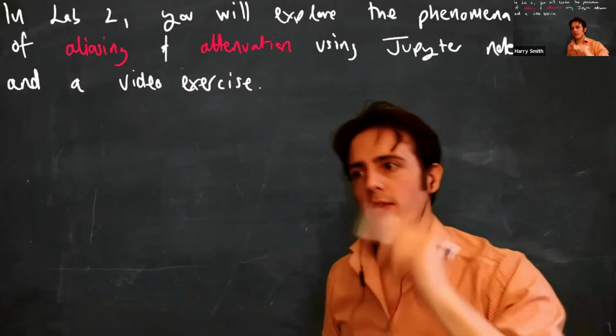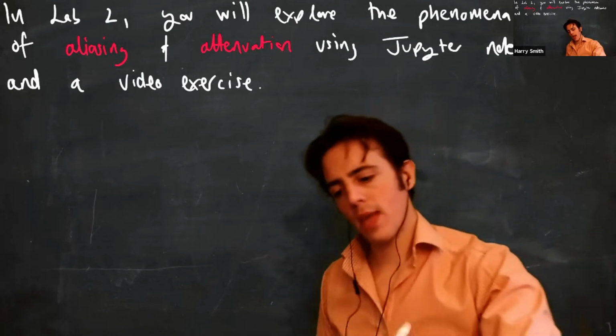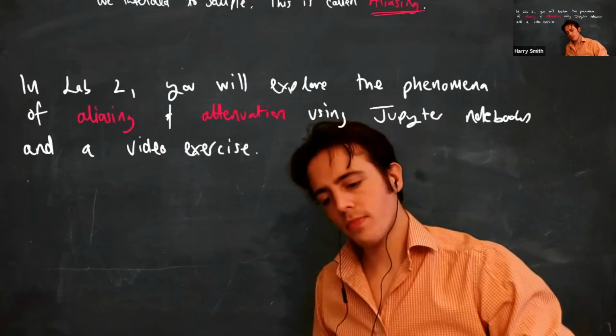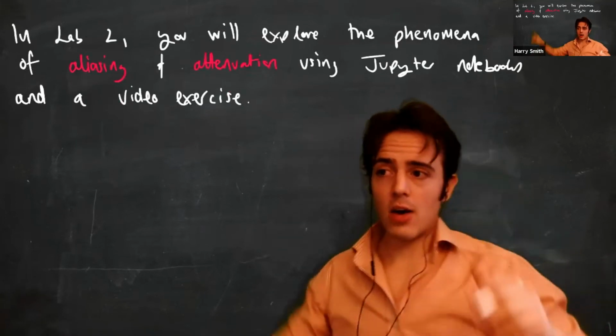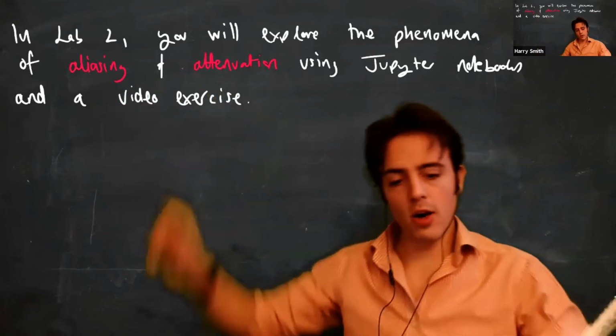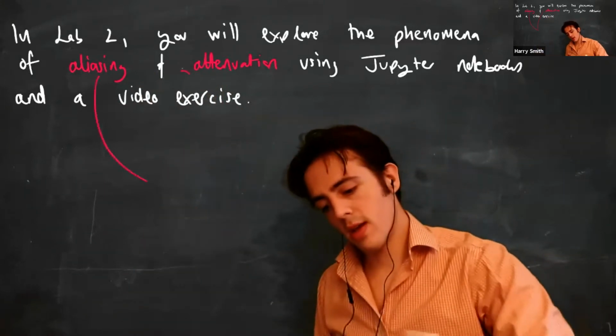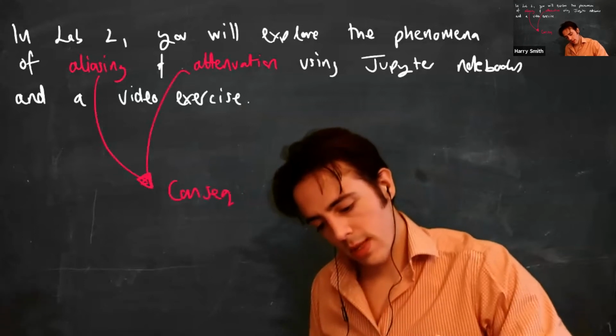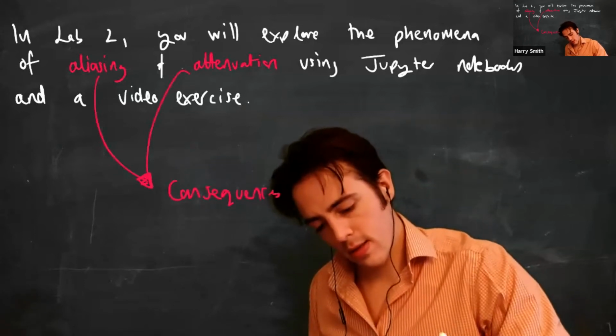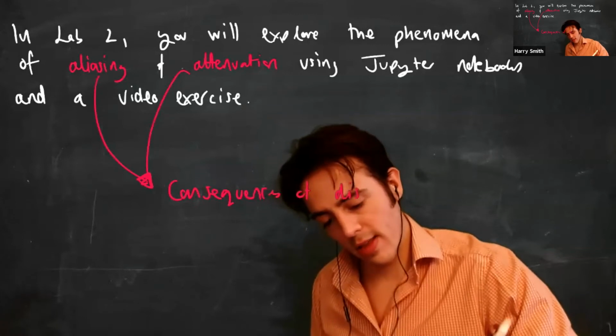Cool. Okay, so remember the two effects: aliasing and attenuation. If we're going to simulate what an ADC does, aliasing and attenuation are consequences of the time resolution. These are consequences of discretizing.